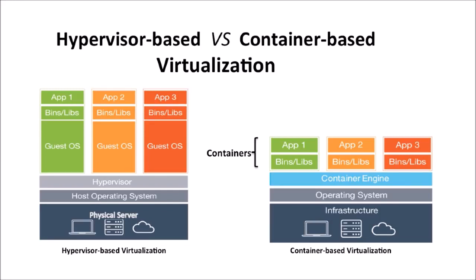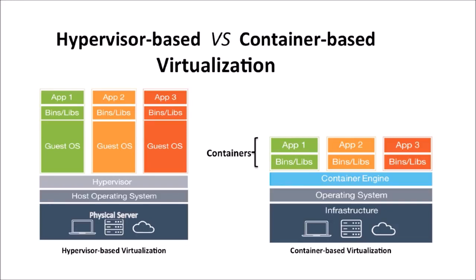Within each container, we install the application and all the libraries that application depends on. The key to understanding the difference between the hypervisor-based virtualization model and the container-based virtualization model is the replication of the kernels. In the traditional model, each application is running in its own copy of the kernel, and the virtualization happens at the hardware level.